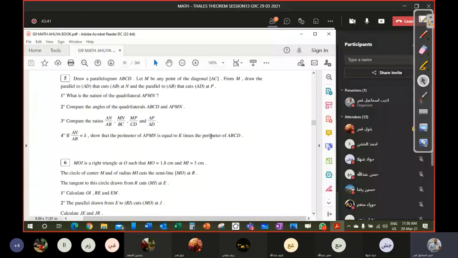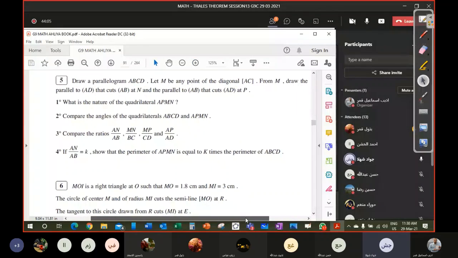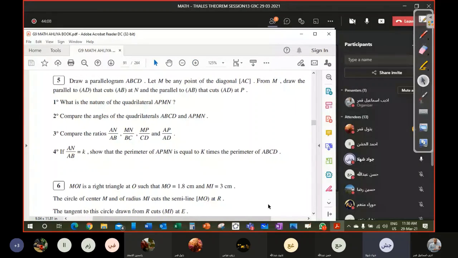Now, part 2. Read, Jawad, part 2. Compare the angles of the quadrilaterals ABCD and APMN.